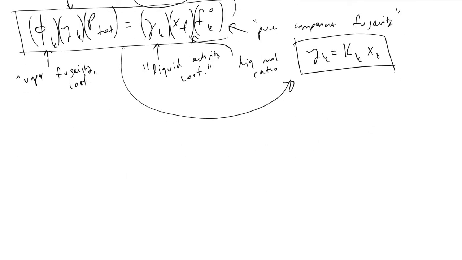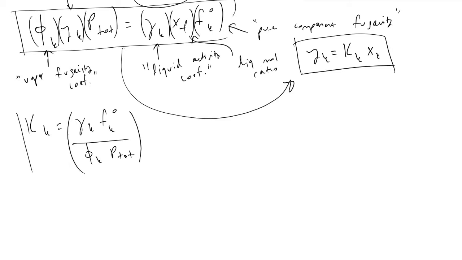So if we perform that, and it's just a basic algebra substitution, we get K_k is equal to gamma_k, the liquid activity coefficient, times f_k naught, the pure component fugacity, divided by phi_k, the vapor fugacity coefficient, divided by P total.